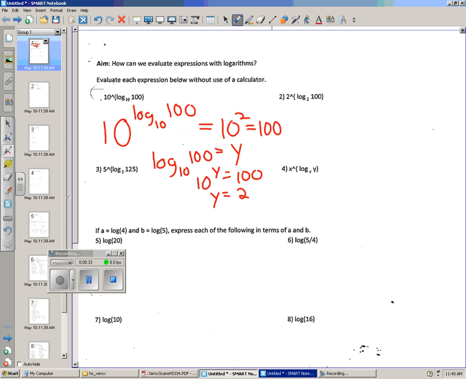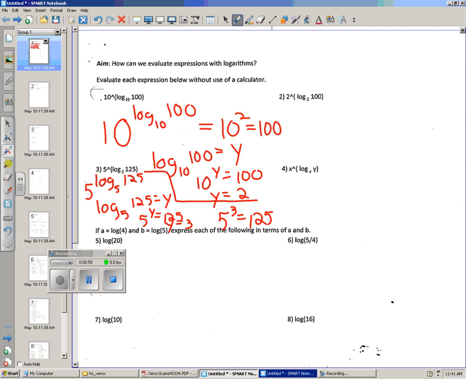So let's try another one. Let's try number 3. So we have 5 raised to the log base 5 of 125. So log base 5 of 125 equals some number. So 5 to the y equals 125. So y is 3. So then again, we just end up with 5 to the third equals 125.